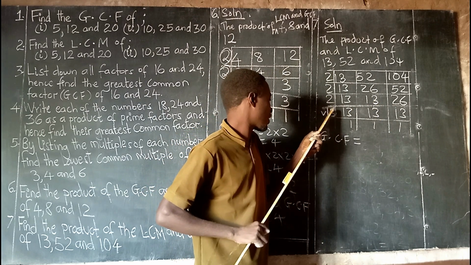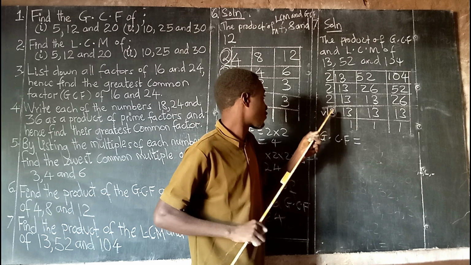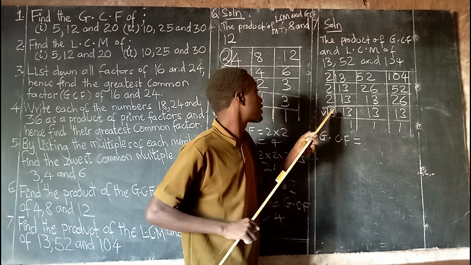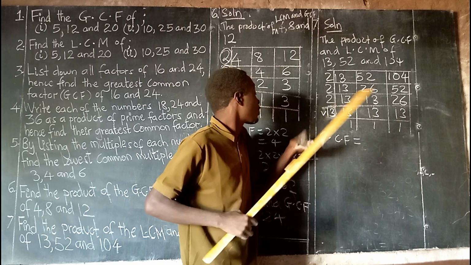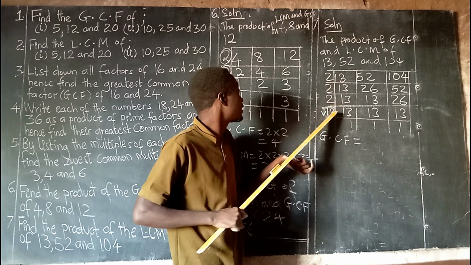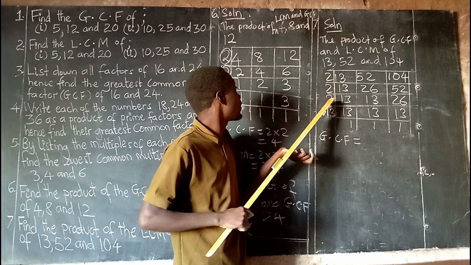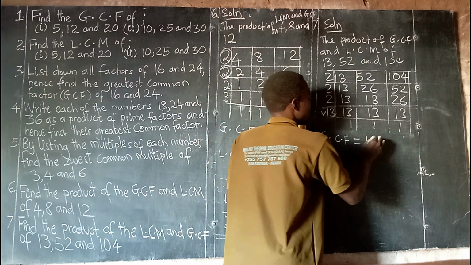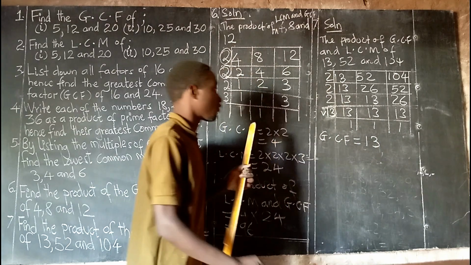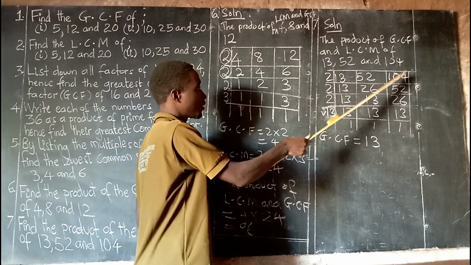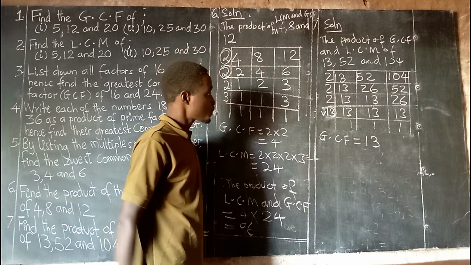So this is the prime number which should be involved in solving the GCF, as it is single. It is only 13. We don't have any other to multiply it by. So we are going to write 13 as the GCF. Now the GCF for 13, 52 and 104 is 13.